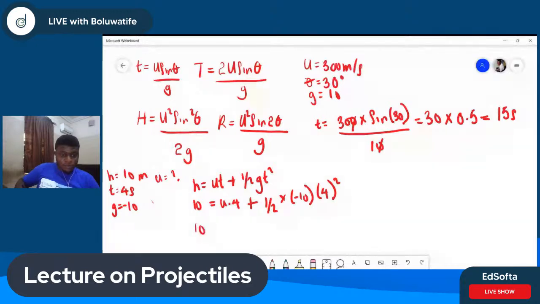So 10 is equal to 4u plus... 2 goes here 1, I have 5, minus 5 times 4 squared gives me 16. So 5 times 4, 20 times 4 is 160. So remember, I have minus 160 here.